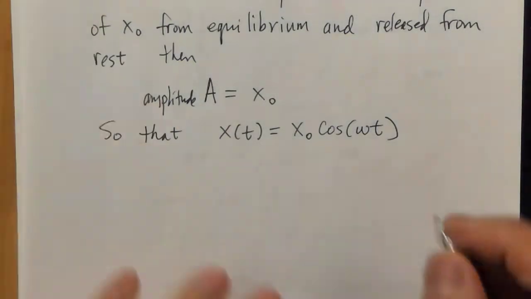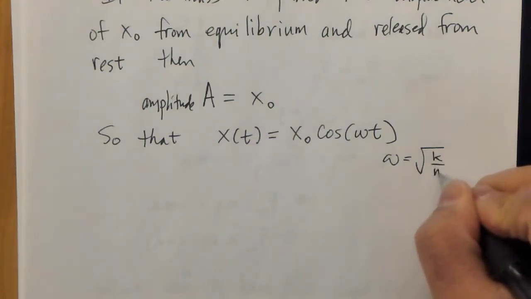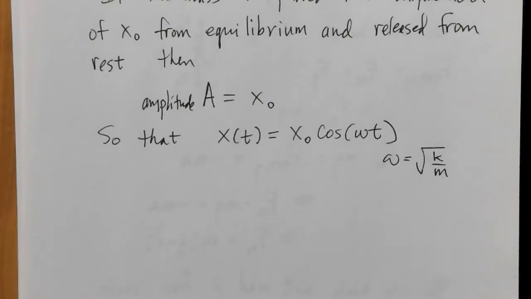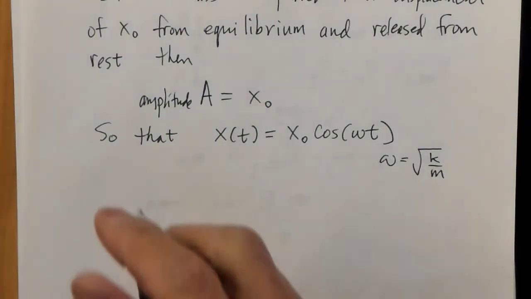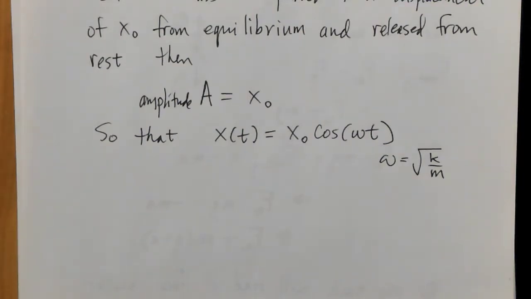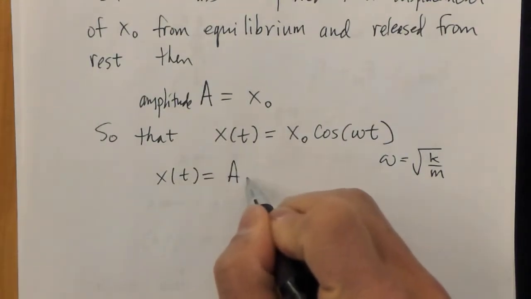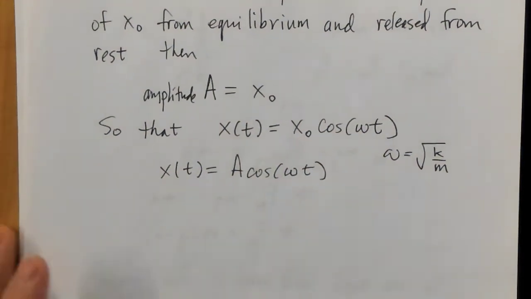So remember, we said omega is the square root of k over m. But let's keep writing it in terms of A, because A is the general way of writing things.